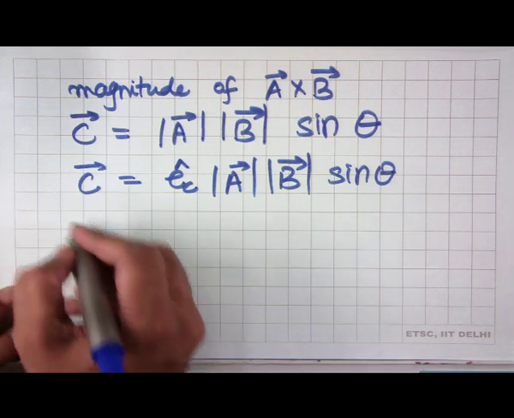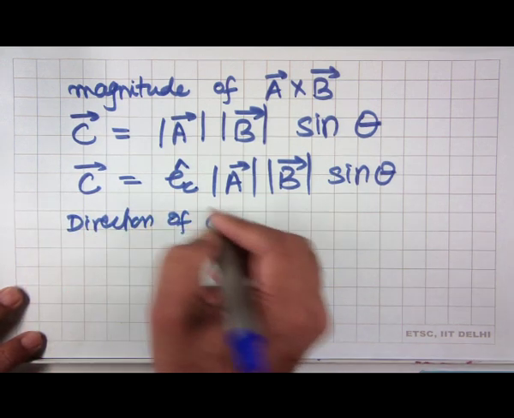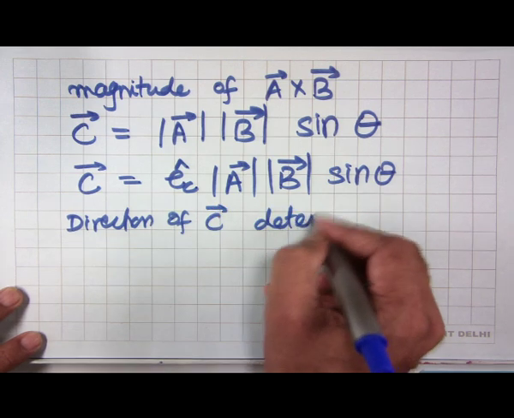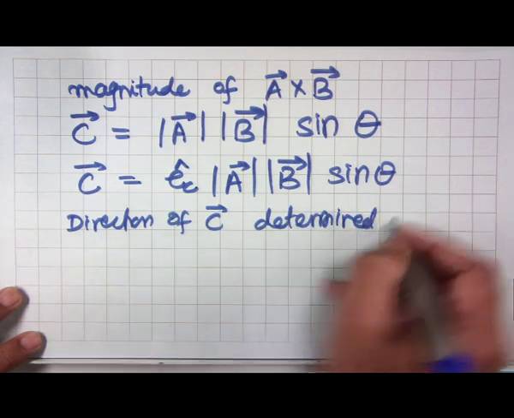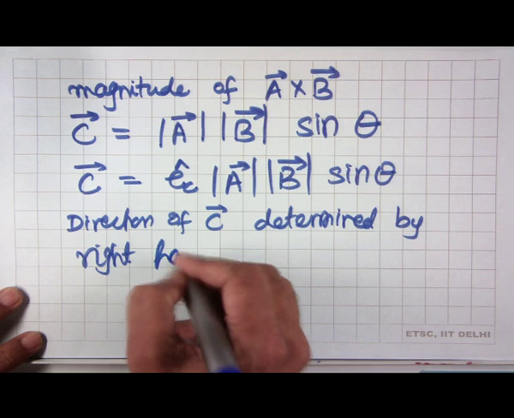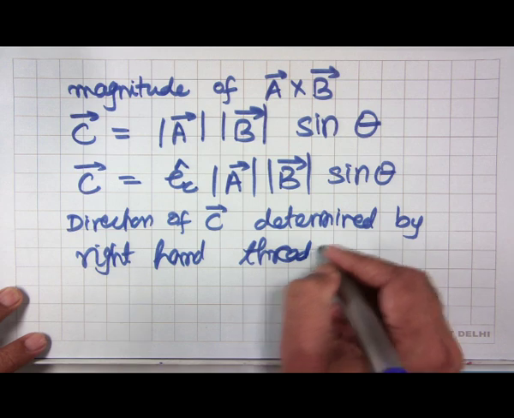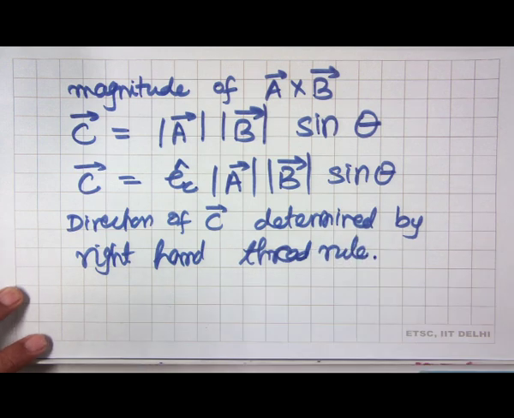So, the direction of C is determined by the right hand thread rule, and this is a fixed convention which we use.